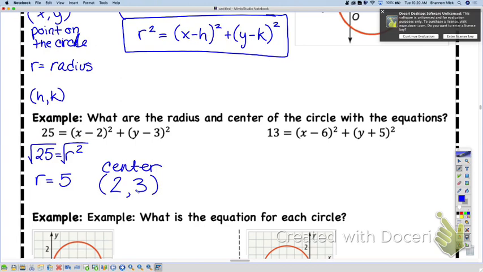I put my compass point at 2, 3 and set my radius at 5 and make it. Okay, so now here, 13 equals what? r squared. So what does r equal? Gotta take the square root. So r equals the square root of 13.